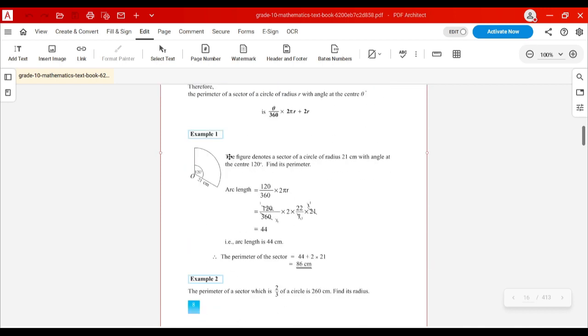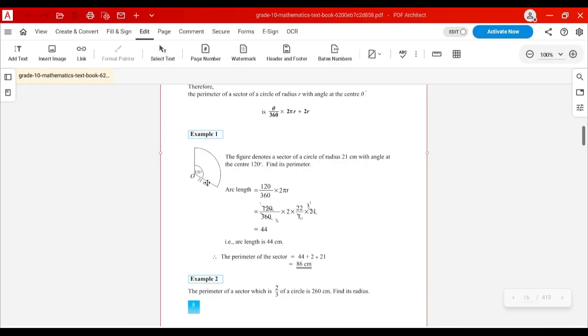So here you can see an example. The figure denotes a sector of a circle of radius 21 centimeters with an angle at the center of 120 degrees, and we need to find its perimeter. So first you need to find the arc length, and you know that formula. It's 120 over 360, or simply, if you're good at maths and you know that if you divide the circle into 3 parts, you will get 120 degrees for one part.